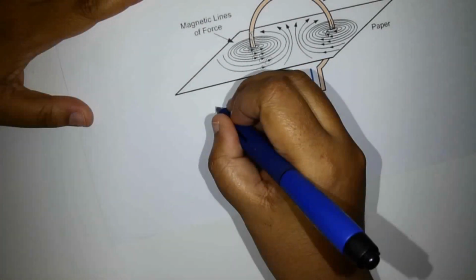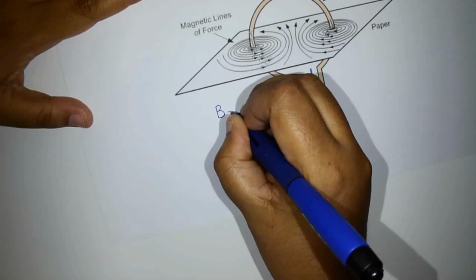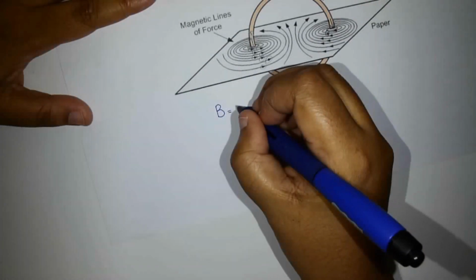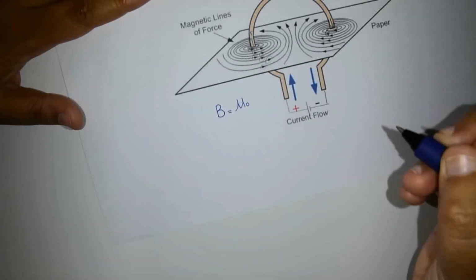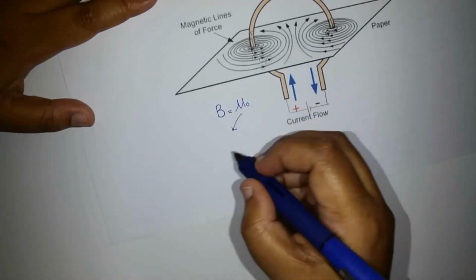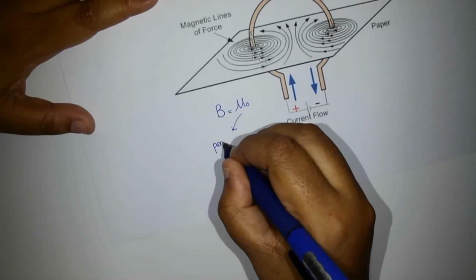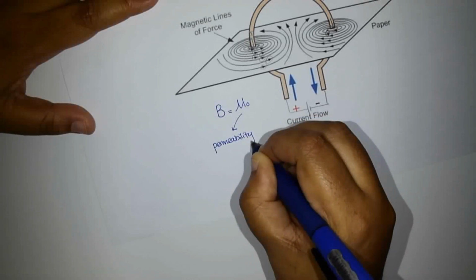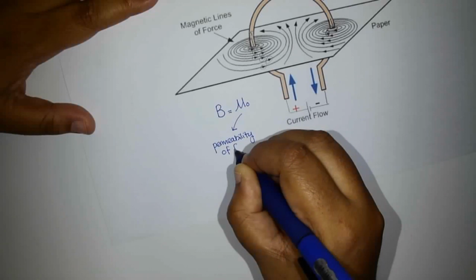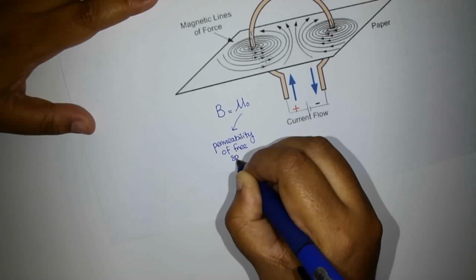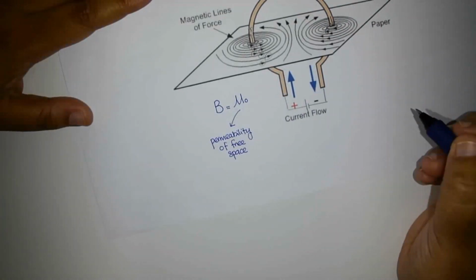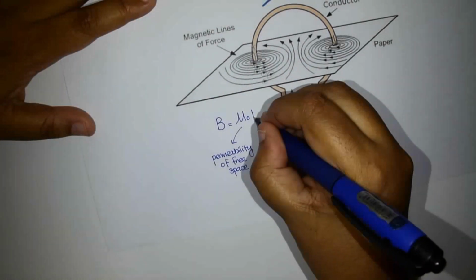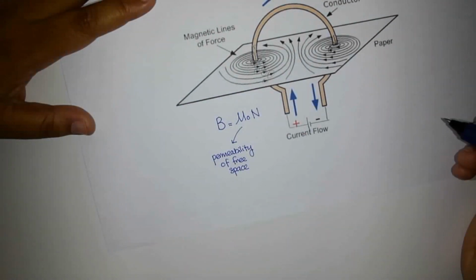Alright, so how do we find the magnetic flux density? The magnetic flux density B is equal to mu naught. What is mu naught? Mu naught is the permeability of free space. Then times N, where N is the number of turns.